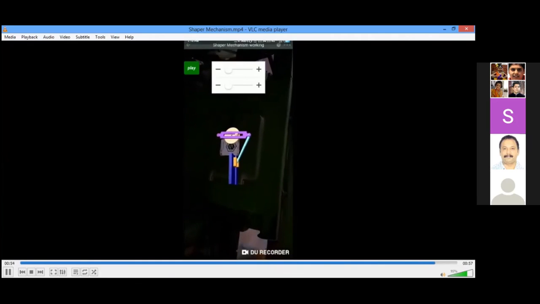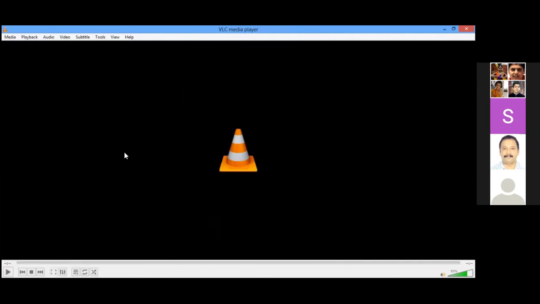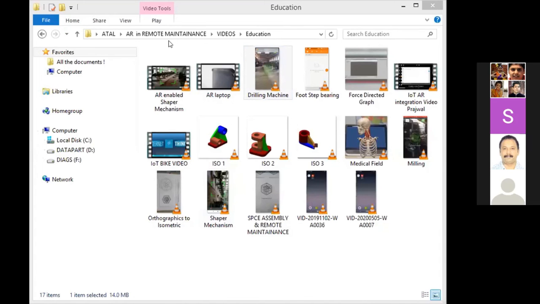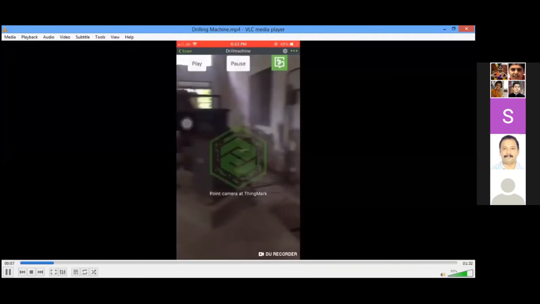Whenever the supervisor is there, he will tell the students that there is a mechanism housed inside, and this mechanism works like this, and because of which these movements happen. Now, using augmented reality technology, we can see how that mechanism can be brought outside. So this is for the drilling machine.